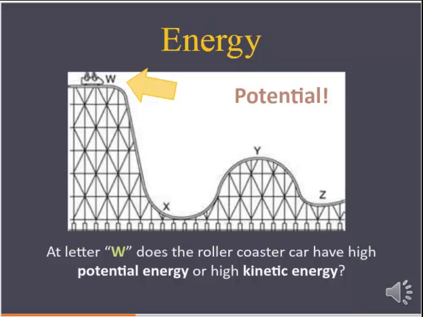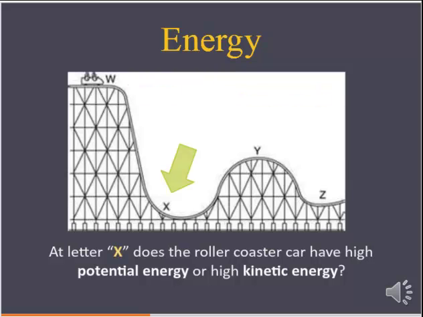Now, I understand the confusion a lot of kids have because the roller coaster car is always moving forward, but at point W, the roller coaster car is not moving up, and it's not moving down, and it's getting into a position where that's going to change. That is why the car has potential energy.